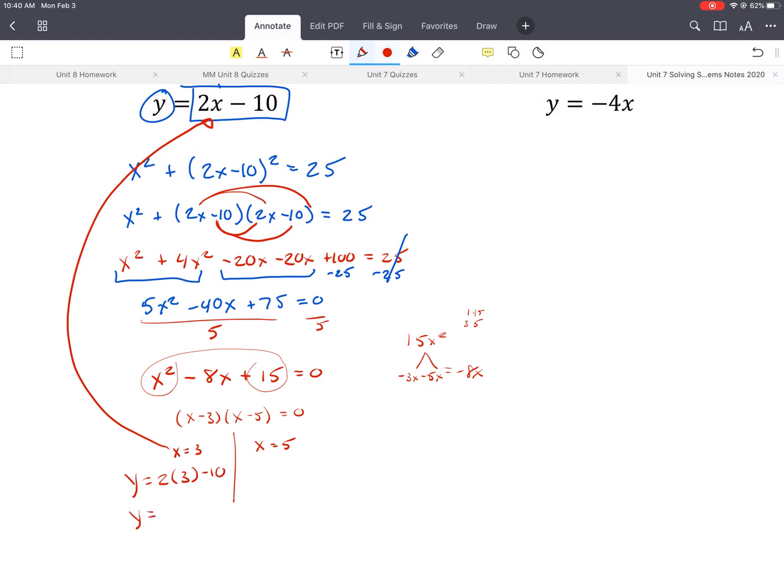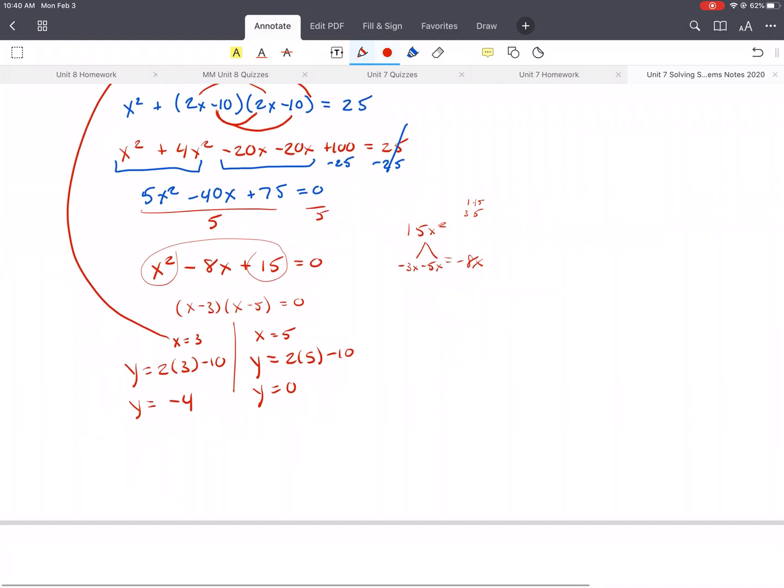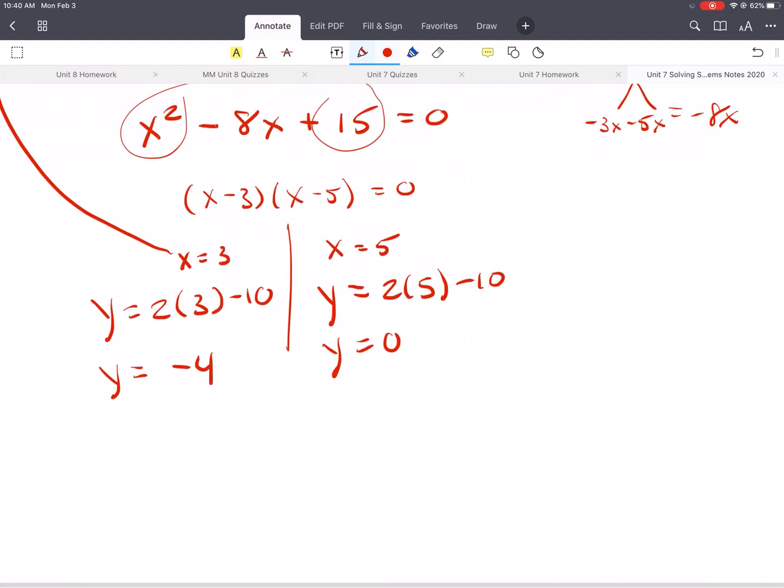That gives you y is equal to 6 minus 10, which gives you negative 4. And then we'll do the same for when x equals 5. We get y equals 0. So our answers are 3 comma negative 4 and 5 comma 0.